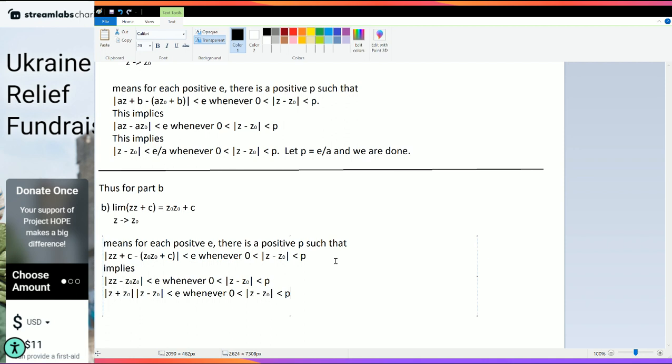Hmm. All right. Let's consider z plus z naught. I don't feel like I can do this. I don't feel like I can let it be equal to something.